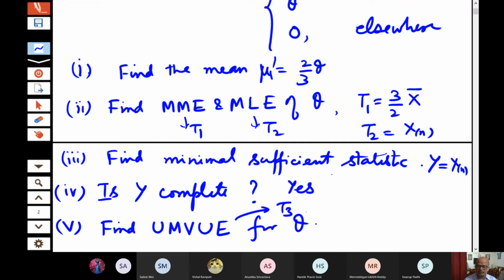You have to use the distribution of Y to prove the completeness of Y. So what is the distribution of Y?